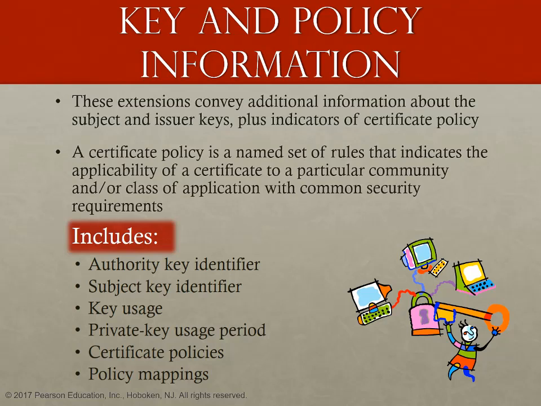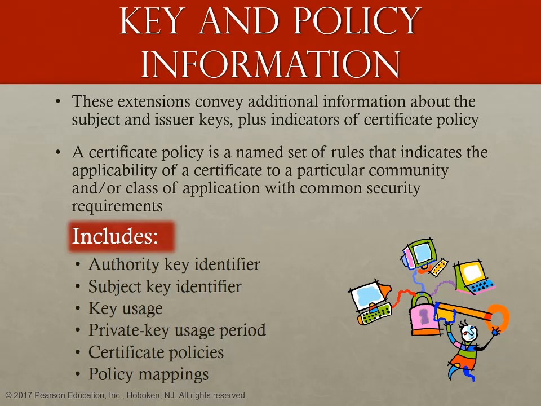These extensions convey additional information about the subject and issuer keys, plus indicators of certificate policy. A certificate policy is a named set of rules that indicates the applicability of a certificate to a particular community and/or class of application with common security requirements.